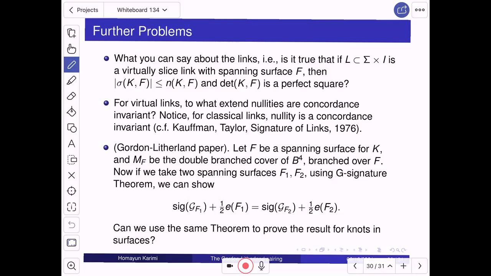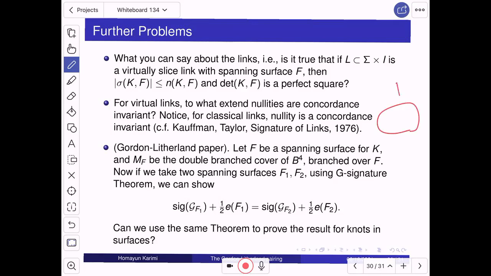And the last question here is, if you look at the Gordon and Litherland paper, they start with a knot K, they take a spanning surface F, and this spanning surface F, you can push inside the four-ball. So here is a picture.